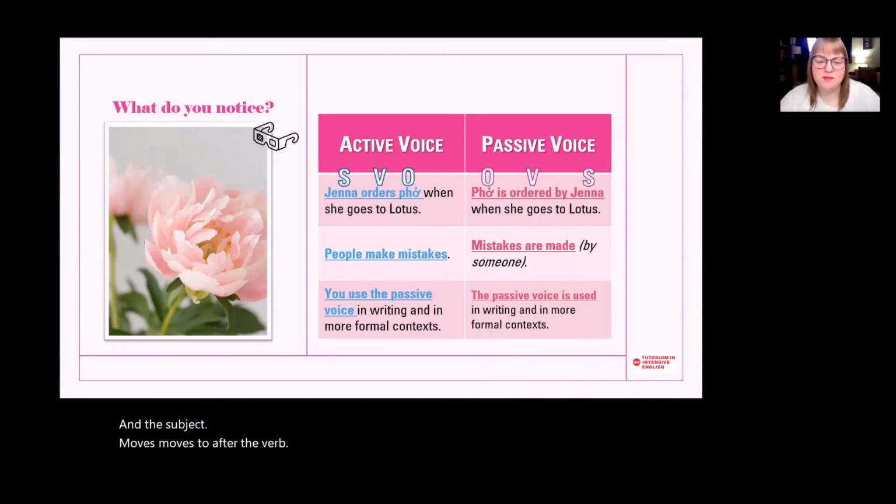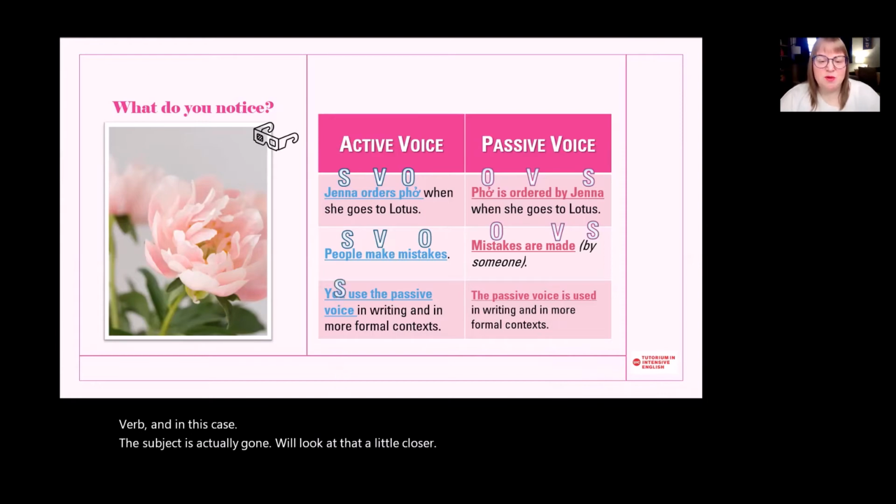In our second one, the same thing. In active voice, you have subject, verb, and object. Passive voice, it becomes object, verb. And in this case, the subject is actually gone. We'll look at that a little closer.